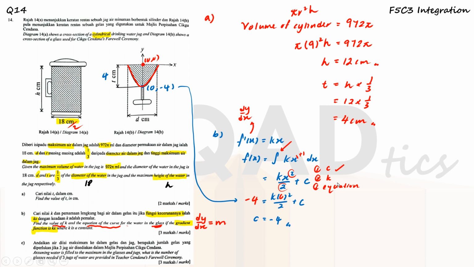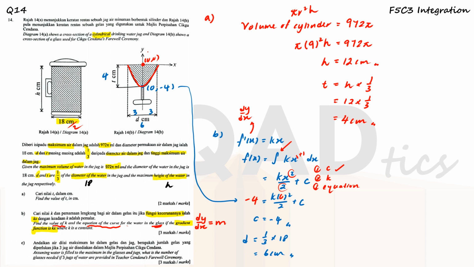Now we need to find the value of k. Here we need additional points. One of the things we haven't used is d. If you want to calculate d, we need to multiply 1 over 3 with 18, so d would be 6 in this case. Since this d is the middle of the y-axis, I can split it into 3, 3, using the same way.